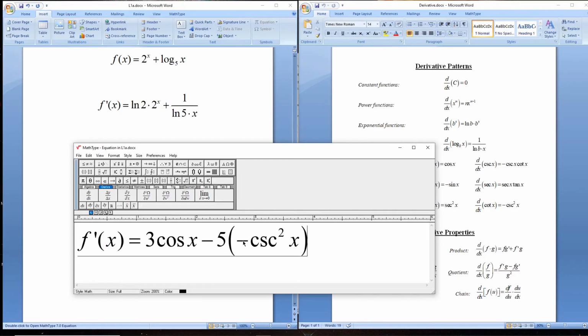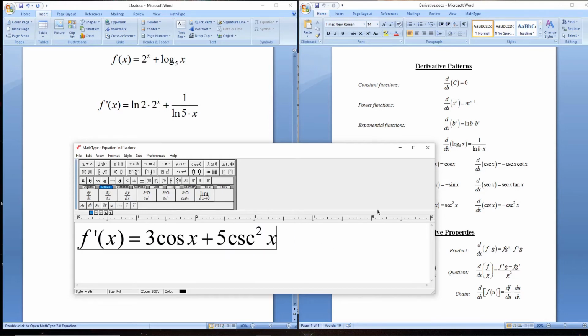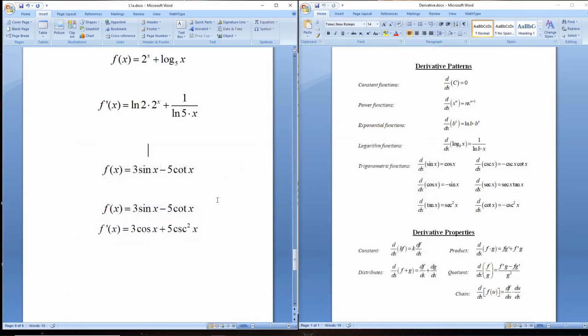And then minus times a minus will be positive. And there's our final answer. The derivative of 3 sine x minus 5 cotangent x, that derivative is 3 cosine x plus 5 cosecant squared of x.